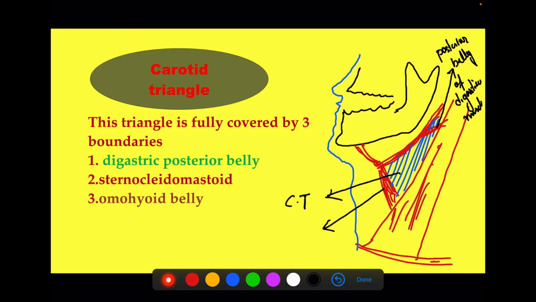This one is the anterior omohyoid belly, and this one we all know is called the sternocleidomastoid.